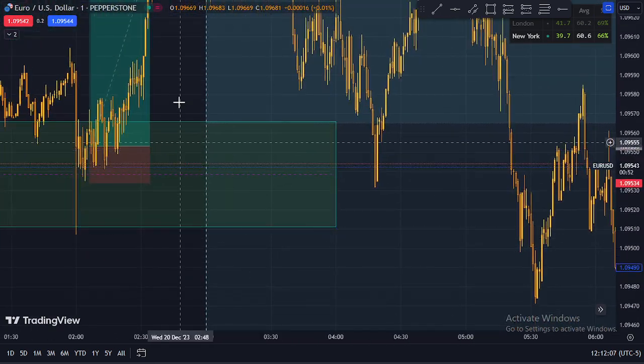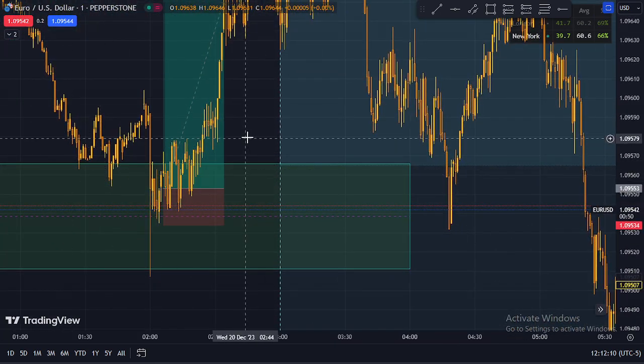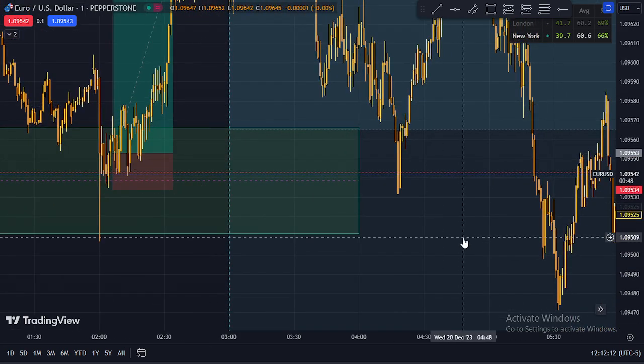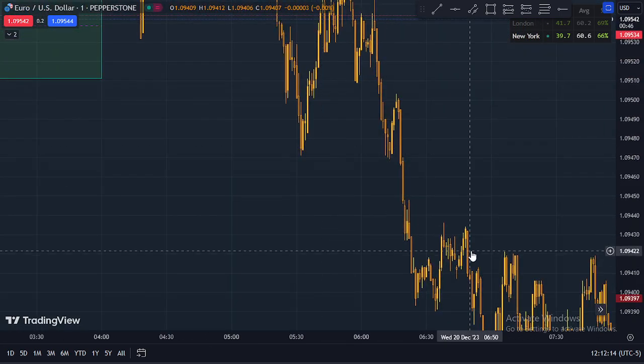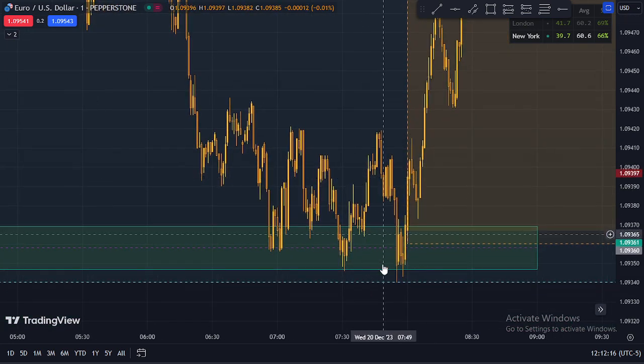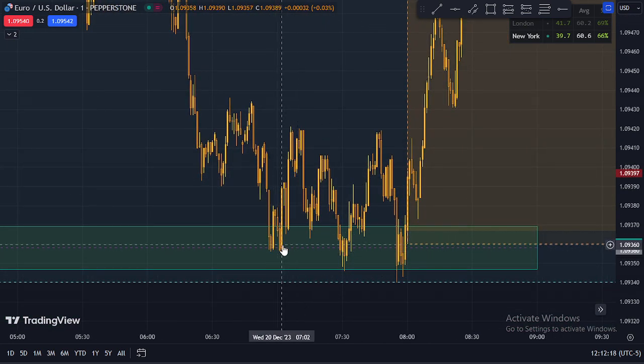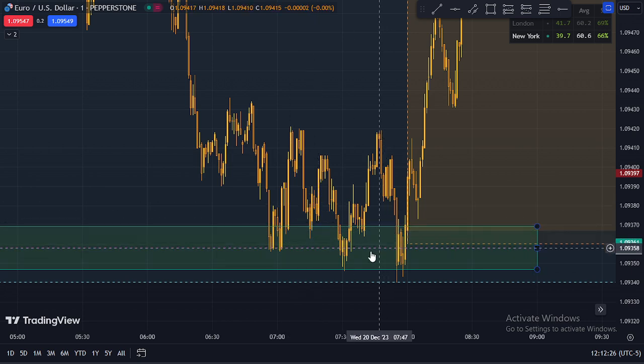So we had that, and notice that we only do this in between the ICT silver bullet window of time. So from 7 a.m. to 10, you look for your setups to form in between that.